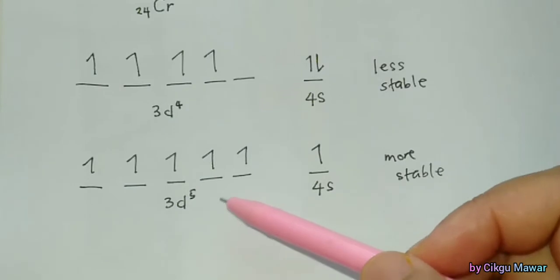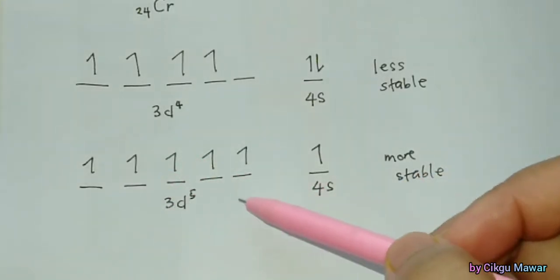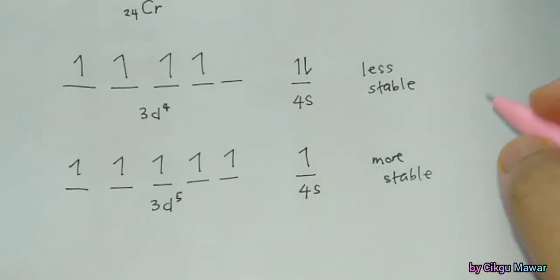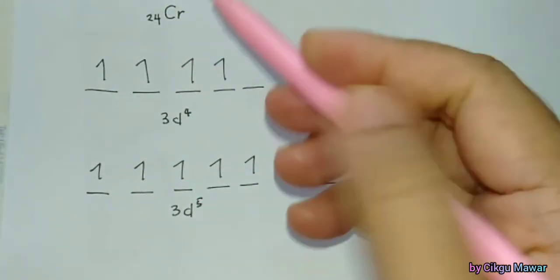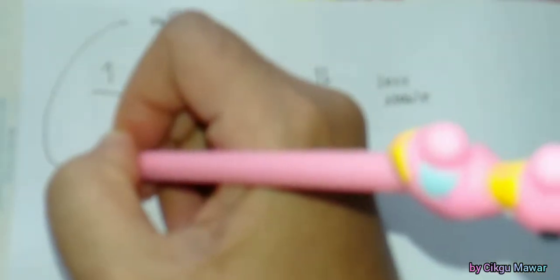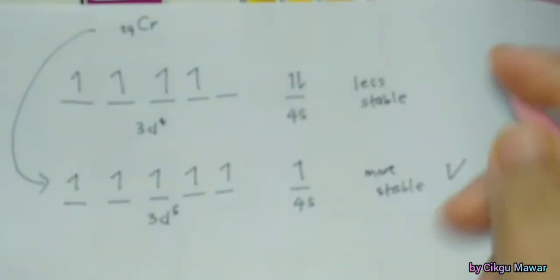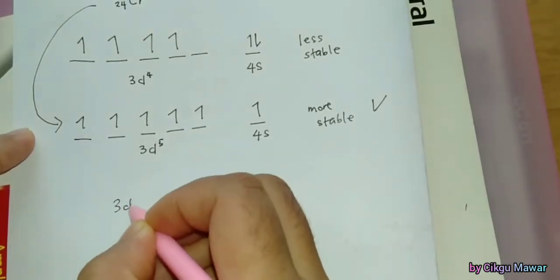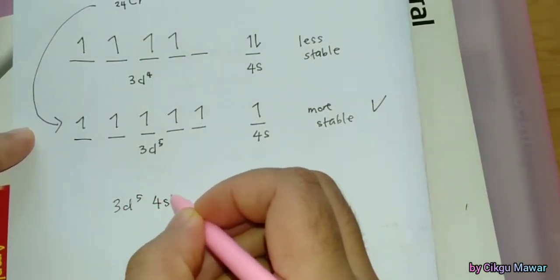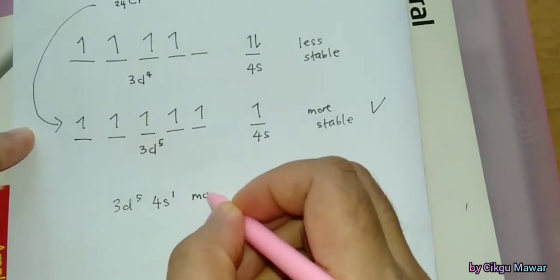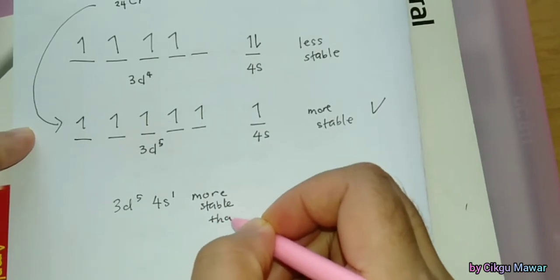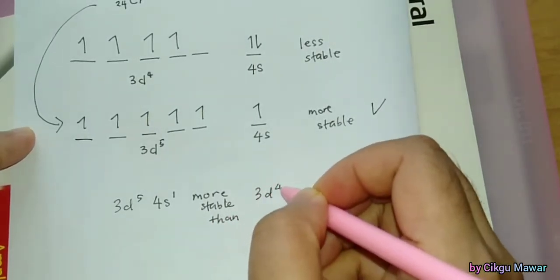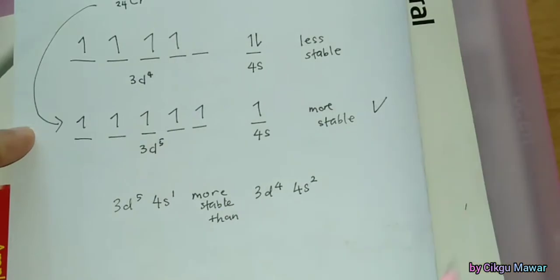Why is the half-filled orbital more stable? So that's why in order to write the chromium orbital, we must draw like this. This is the correct one. So we can say that 3d5 and 4s1 is more stable than 3d4 and 4s2.